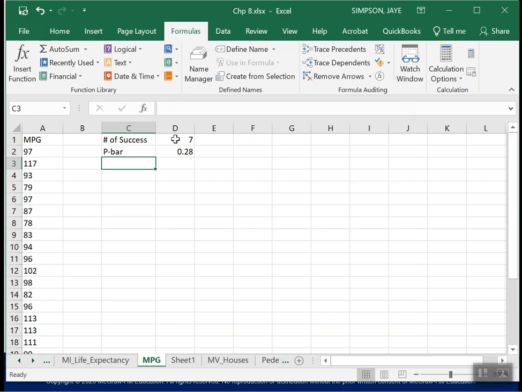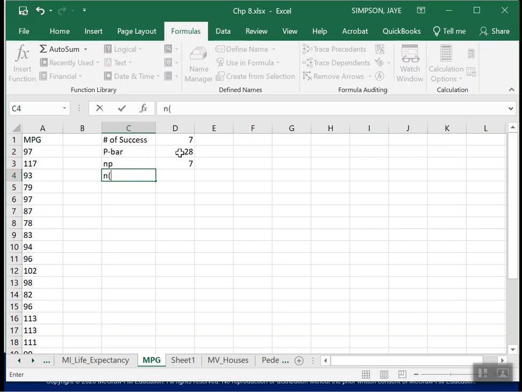Now let's go ahead and test, based on this data, to see if we can assume that this is normally distributed. So n times p, first of all, is going to be equal to n, our sample size, which I don't have up here, I'm just typing it in, times our proportion p, which is 7, and that is greater than 5.